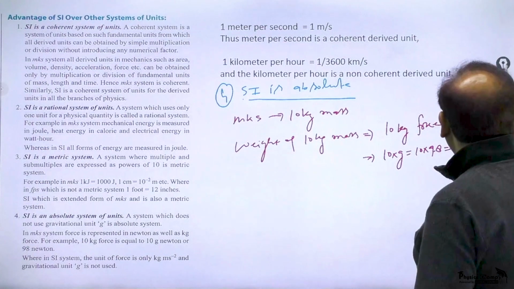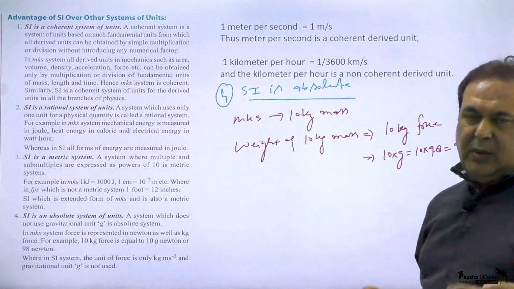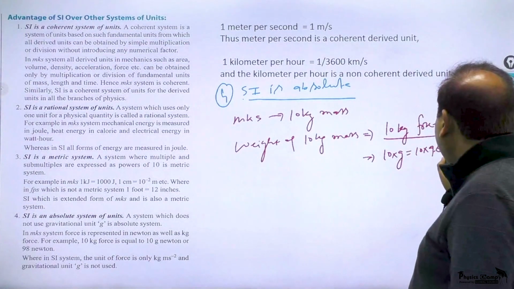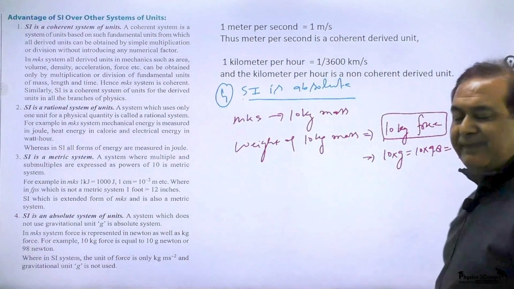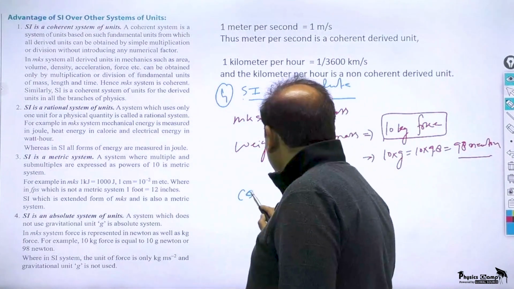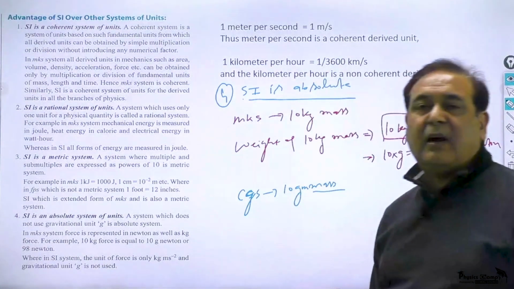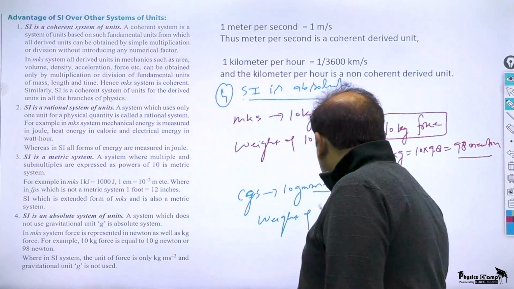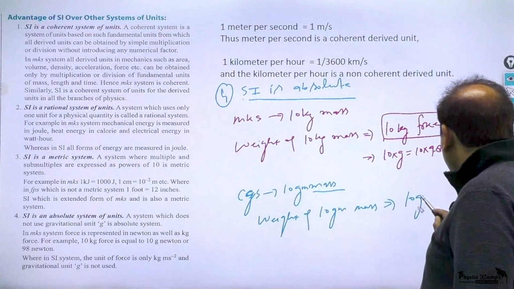So the weight of this 10 kg mass, weight meaning the force by earth on it, is either written as 10 kg force, the gravitational unit of force, or it is 98 Newton. Similarly, in CGS, the weight of a 10 gram mass would be written as 10 gram force.